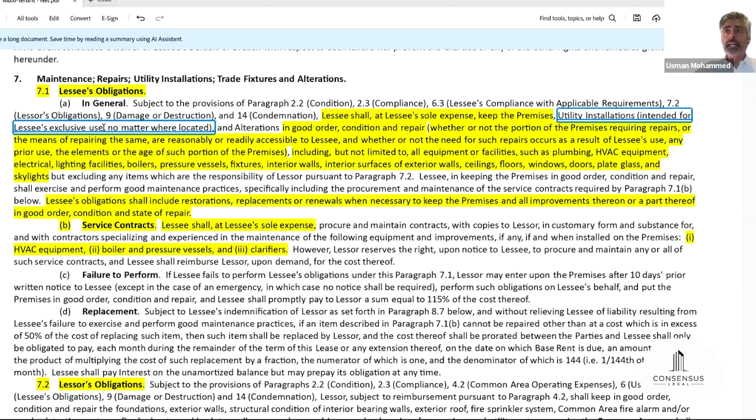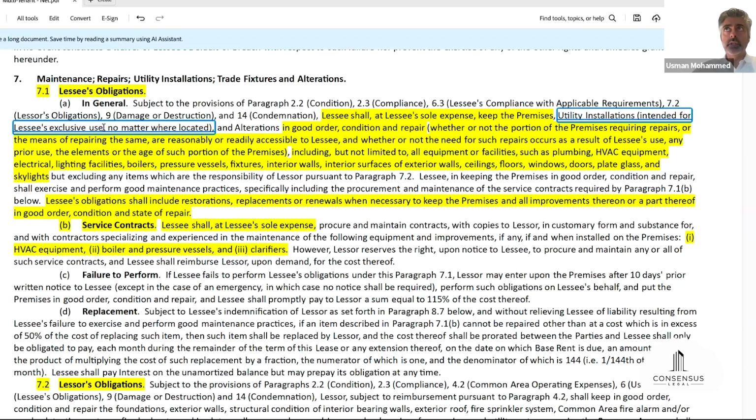So if you have a multi-tenant project, one building, 5 tenants, let's say, and each of those 5 tenants has its own dedicated HVAC, and components of the HVAC system are on the roof.